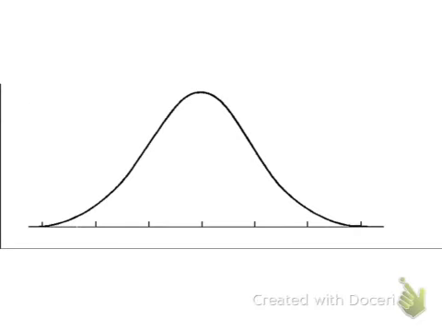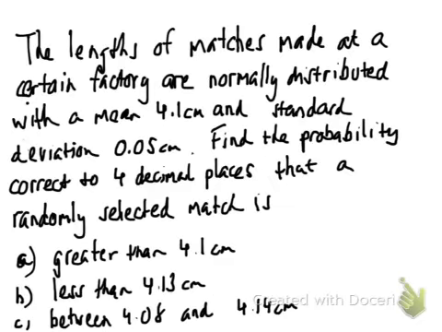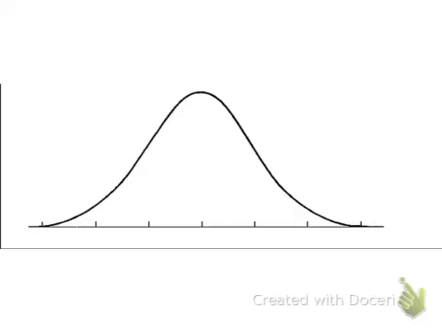Background information tells us we've got a mean of 4.1, so we can put the 4.1 there in the middle. In these questions, I'm not going to go left and right adding the standard deviation of 0.05 as I did in the previous questions. What I'm going to do is mark in what we need to find.